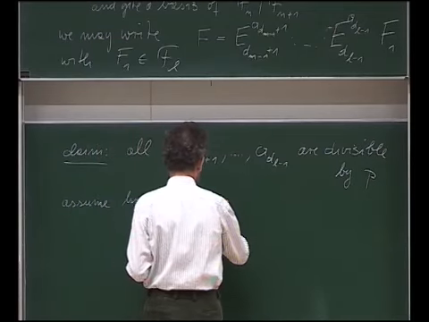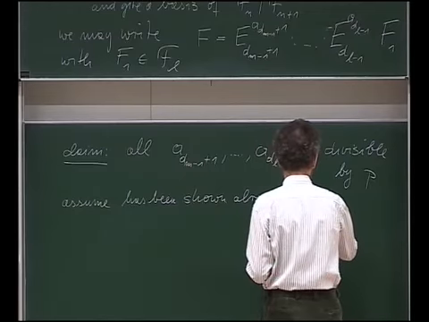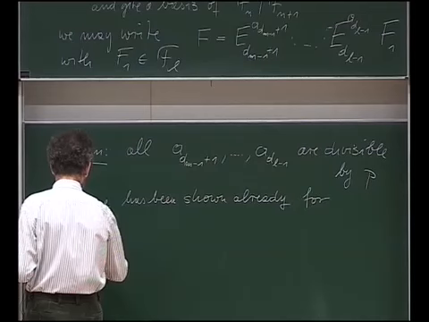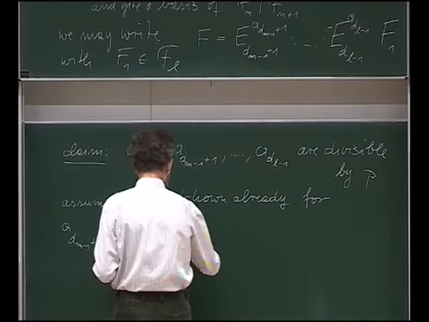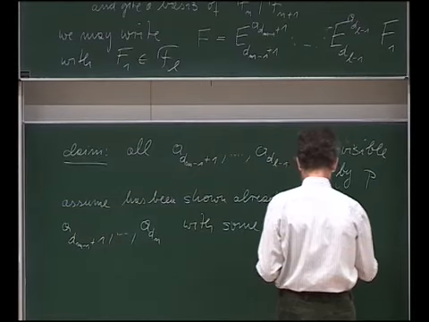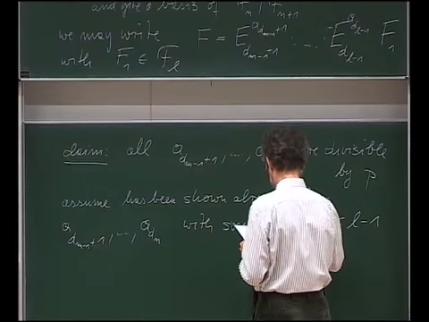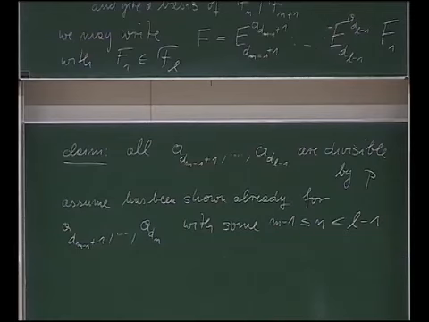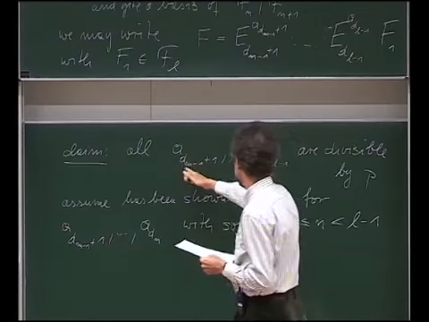So assume this has been shown already for the first exponents, a_{d_{m-1}+1} up to some a_{d_n}, with some n strictly less than L minus 1, but bigger or equal to m minus 1.